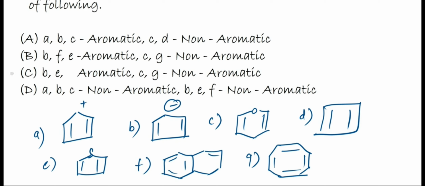Just the first one, which is anti-aromatic, right? The second one, aromatic, including the charges as well. And the third one becomes non-aromatic. And D, once again, that is also anti-aromatic.